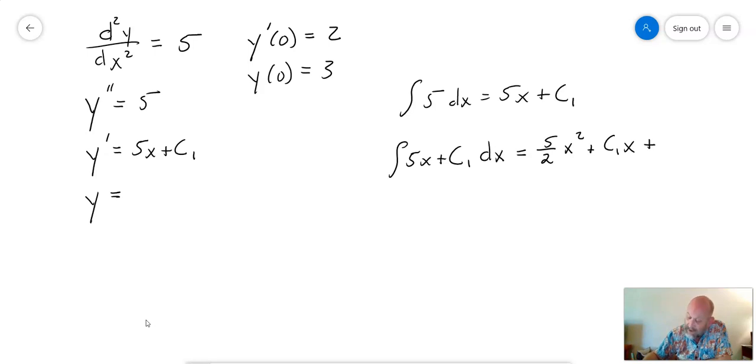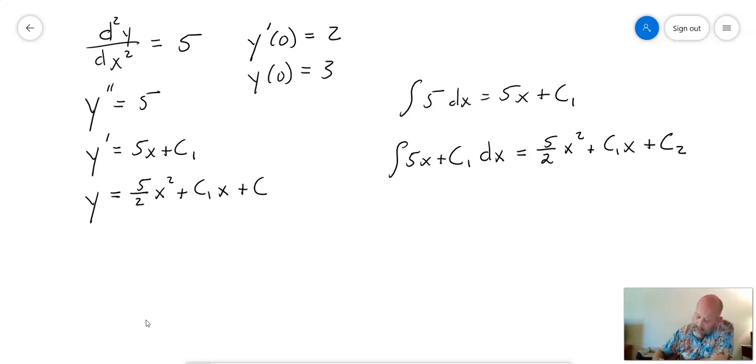Then we have to add a constant. This is where our second constant comes in, so we get a C2 there. We end up with 5 halves x squared plus C1x plus C2 is equal to my y.